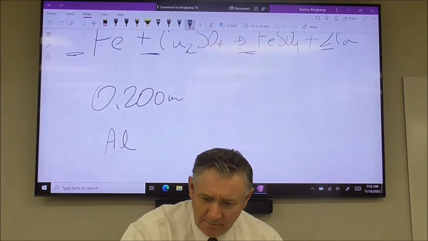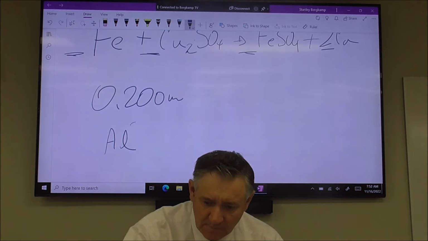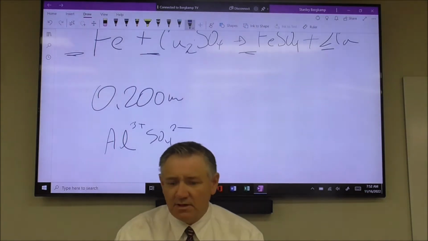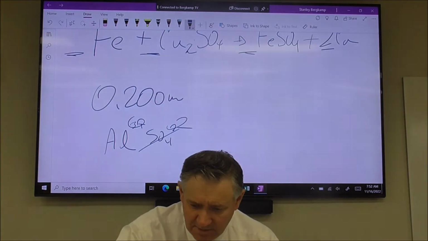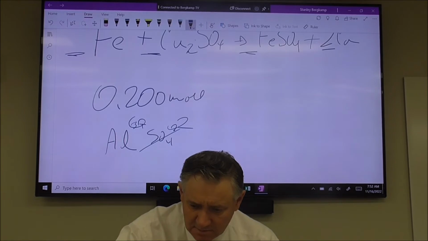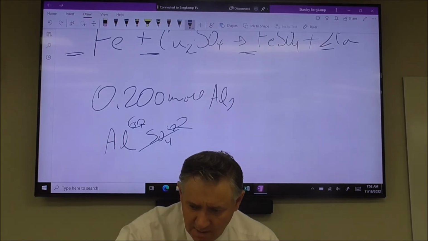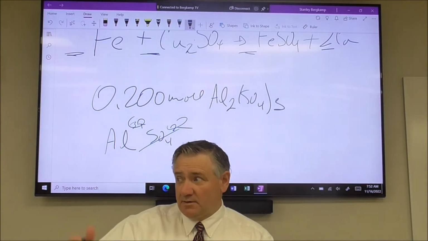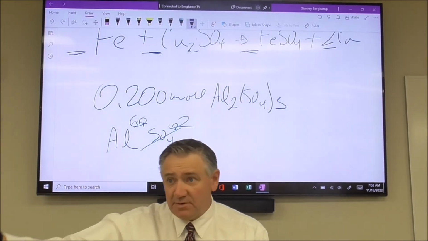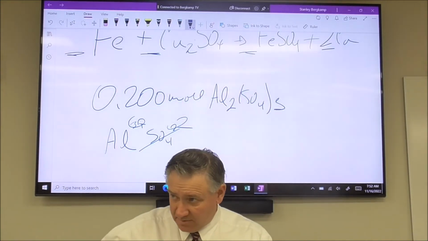You have aluminum at 3 plus, you have sulfate at 2 minus. So take that 2, boom, there you go. So this is 0.2 moles of Al2(SO4)3. Because if you don't have that right, then your molar mass is going to be wrong and everything else is going to be wrong.